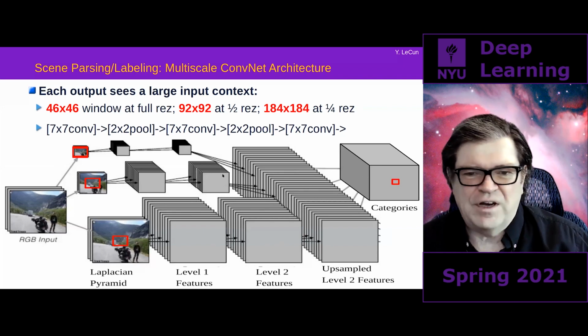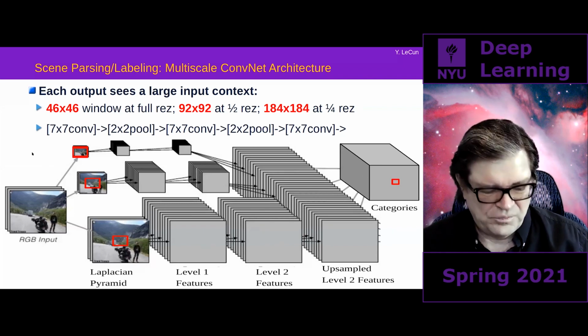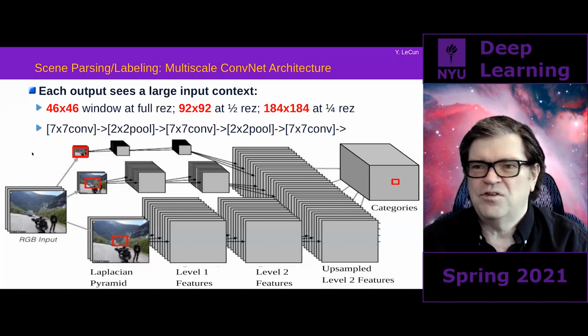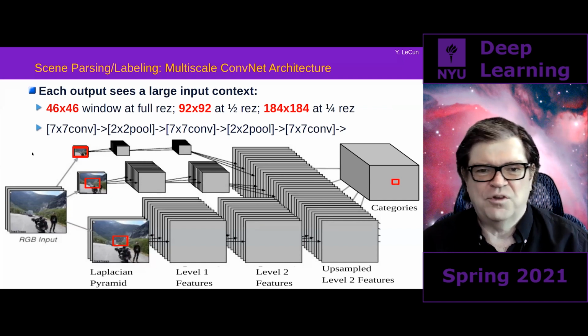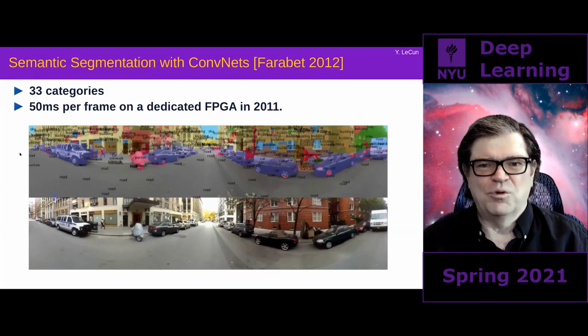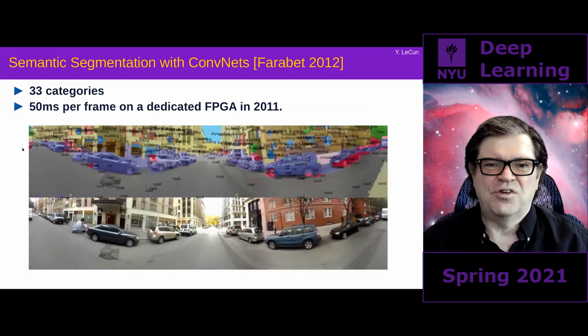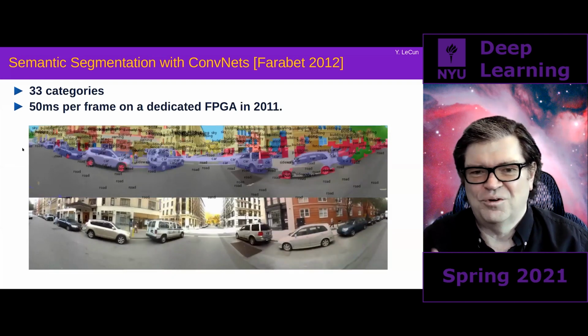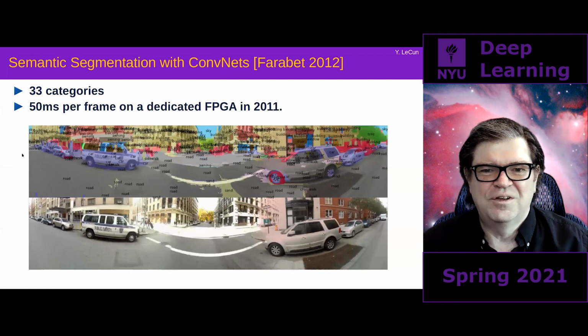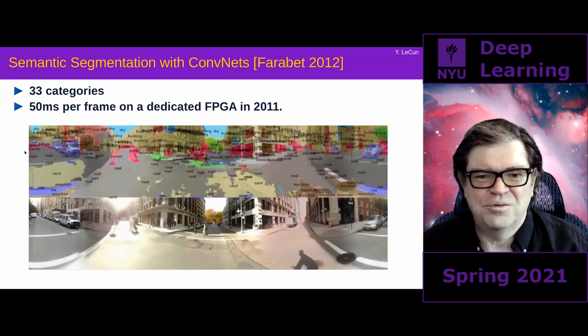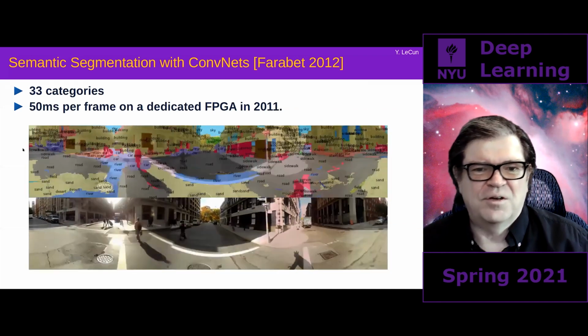There are a lot of different ways of doing this now that people use. I'll show some examples later. But if you want more details about this, essentially you should take Rob Fergus's computer vision class. He goes into the gory details of how you do this.